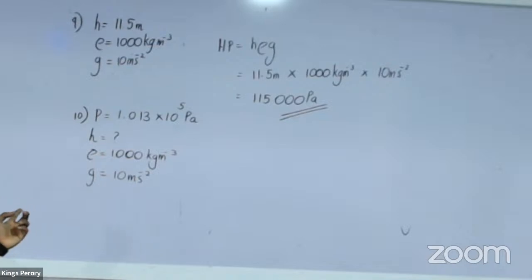Brackets, density of water 1000 kilogram per meter cube, gravitational acceleration 10. Work. Online people send the answer.